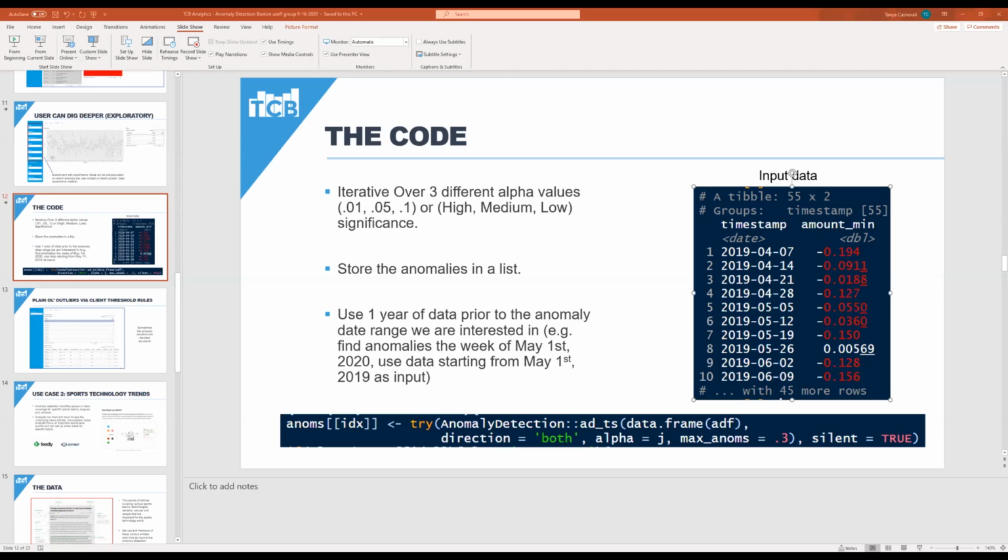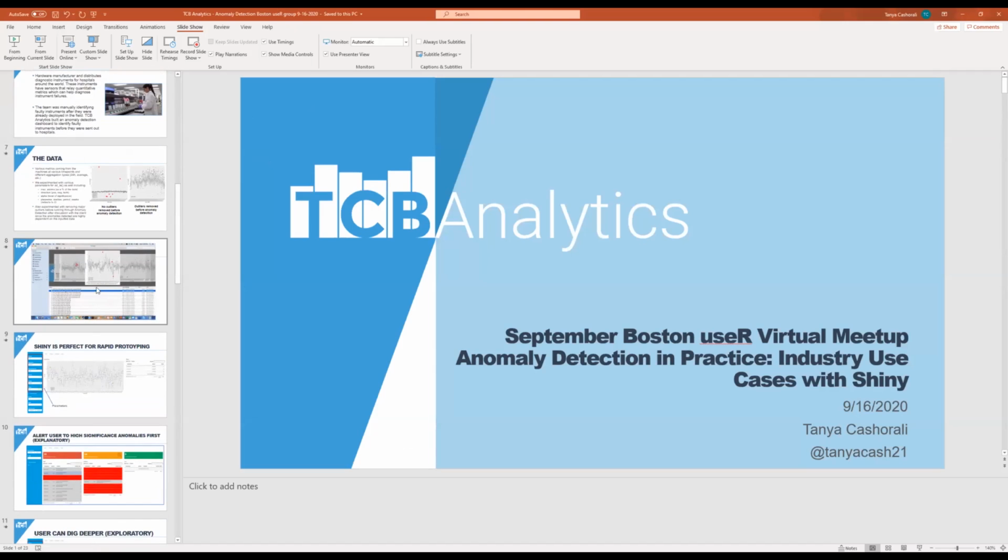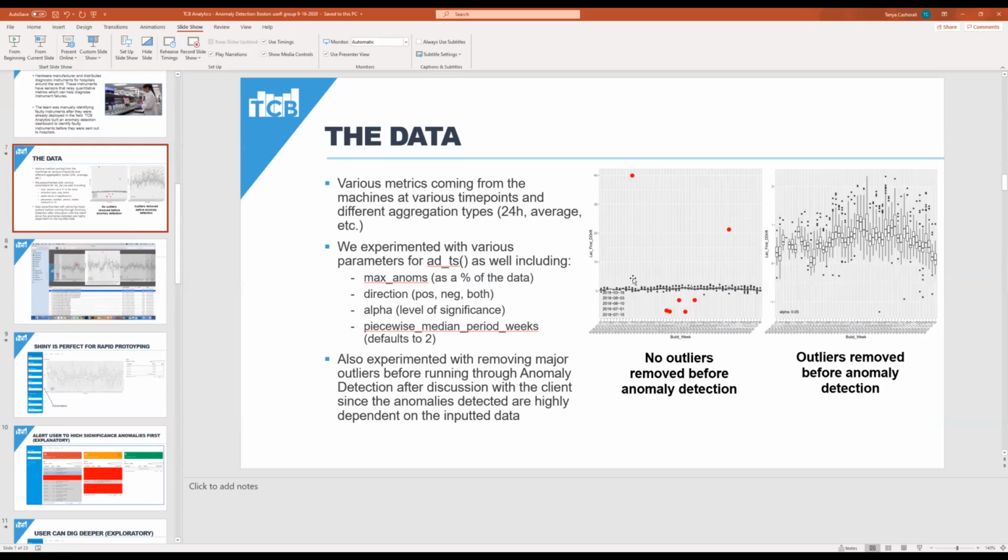And I will say, I've used this in other applications too, with Twitter mention data for various topics over time. Anything where you have count data or metrics or values coming off a machine. Initially when we thought about this problem, we thought, let's take a really complex machine learning approach and combine all these metrics. And it turns out it just wasn't necessary.